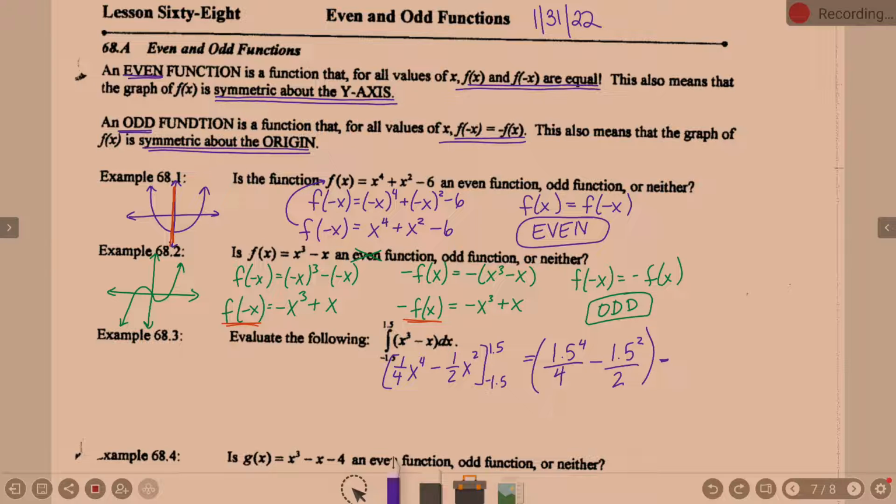Minus, and now we are plugging in negative 1.5 raised to the 4th divided by 4 minus negative 1.5 raised to the 2nd divided by 2. Thoughts here?